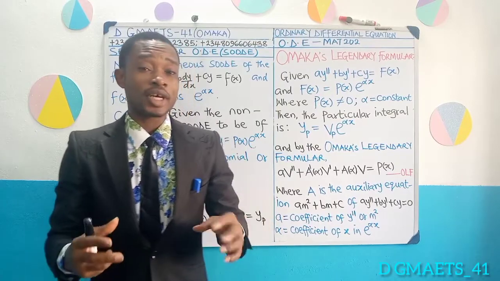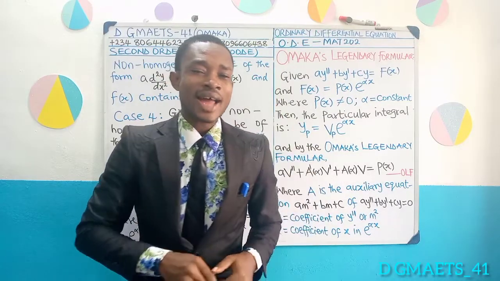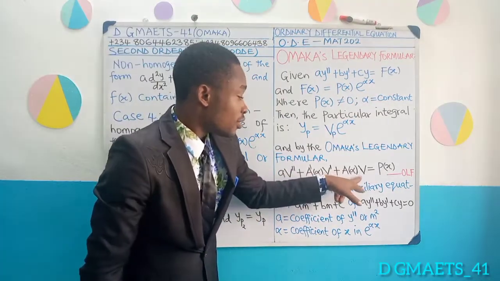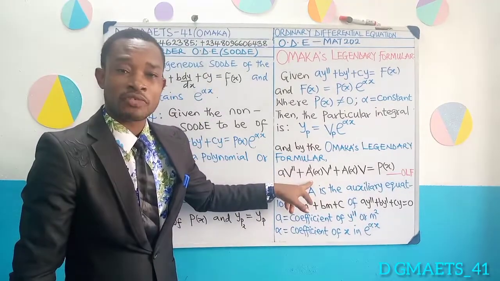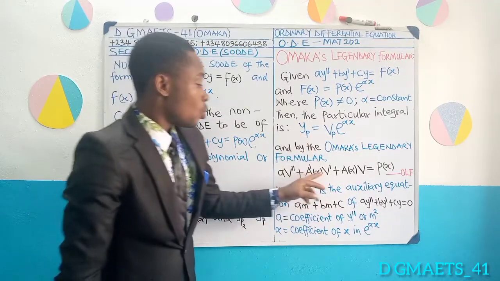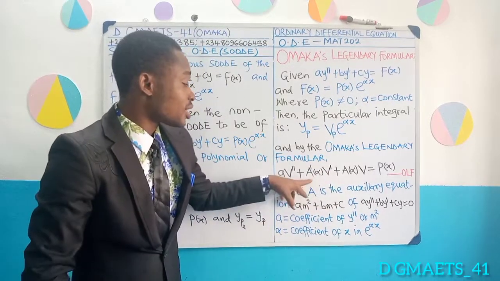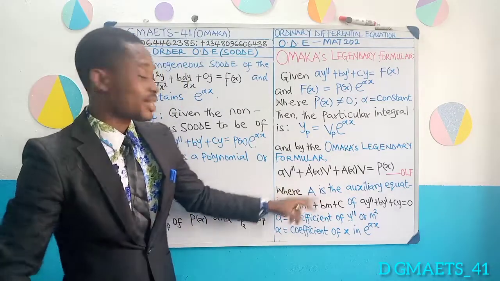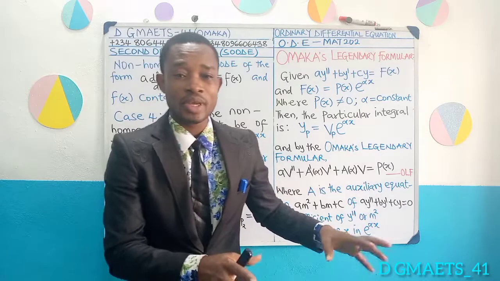That's in the case where P of x is a polynomial. We now talk about the degree and then compare whether this first term exists in this Omaka's legendary formula or whether it does not. Also, whether this second term appears in the Omaka's legendary formula or whether it does not. Of course, this term AV prime prime must always be there.